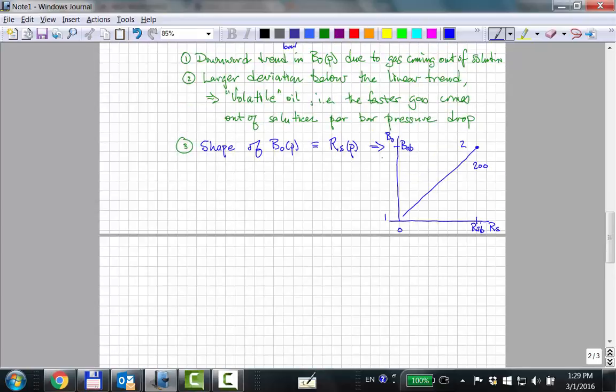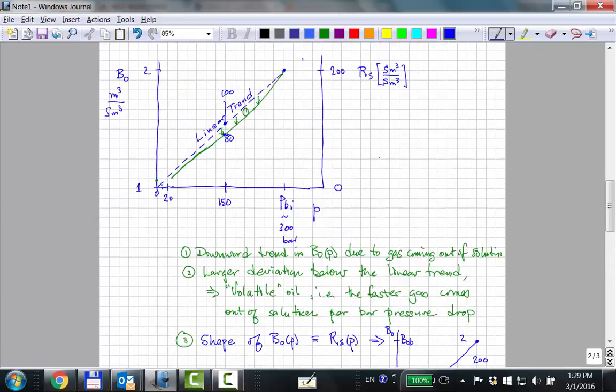No matter how volatile the oil is. Some of these oils are wild, okay? This goes from 2 to 1, but I can show you fields in the world that look like this. This is equal to 3, okay?